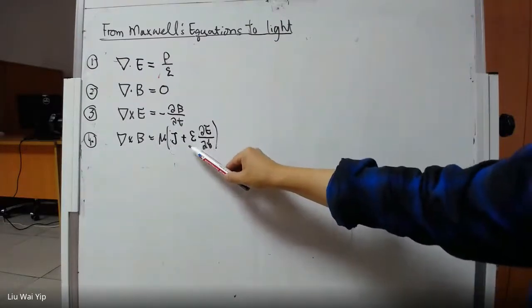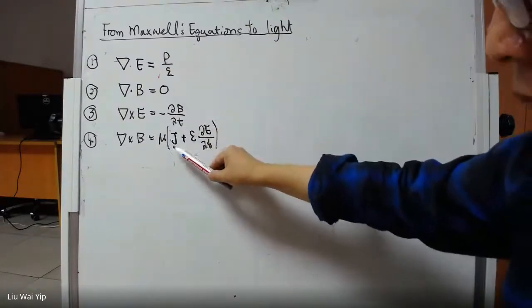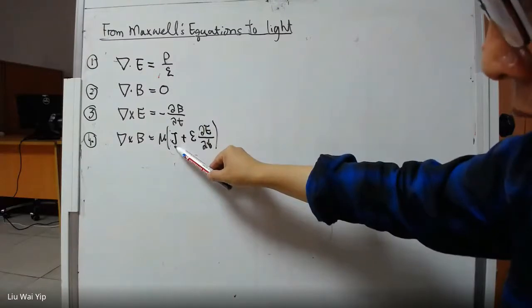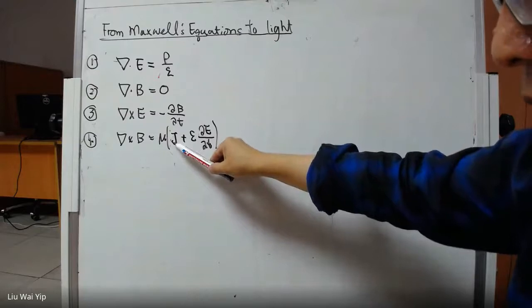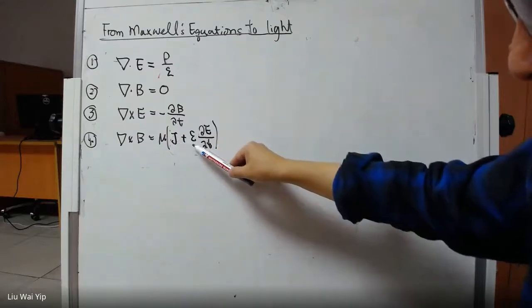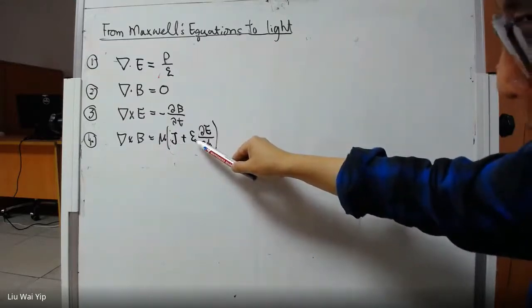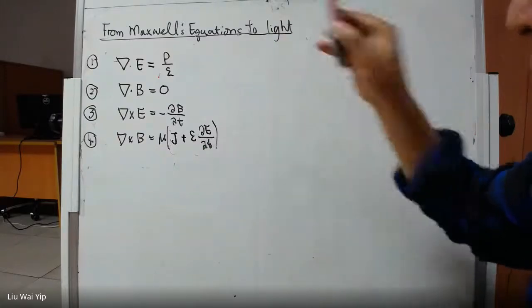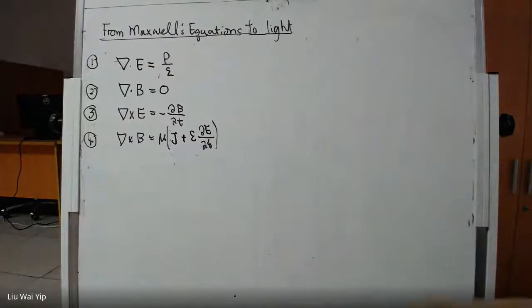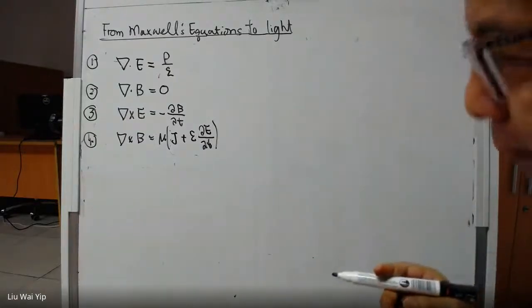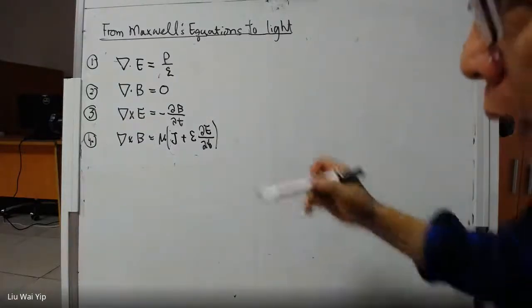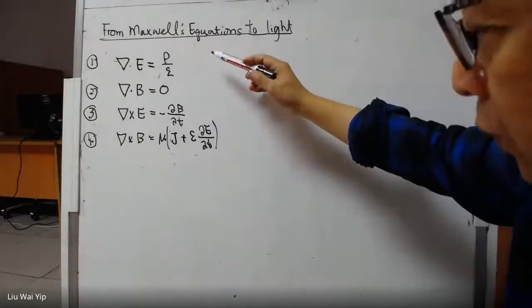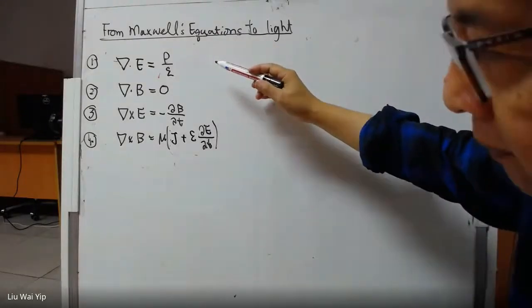And this current is the sum of the displacement current and the conductive current. The conductive current is J. The displacement current here is epsilon times the time derivative of the electric field. So the first step is to apply the Maxwell equations to a dielectric medium.